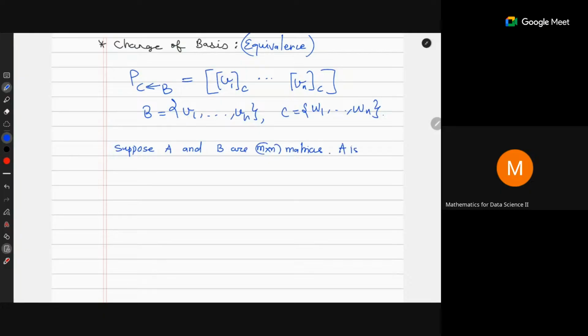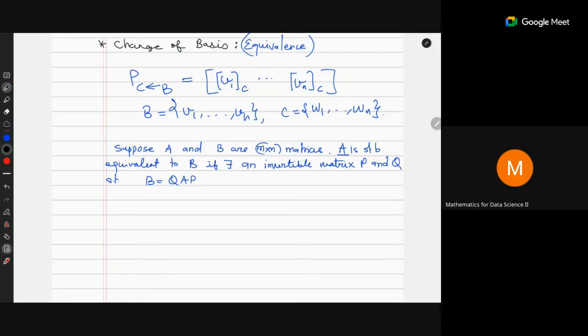Matrix A is said to be equivalent to B if there exist invertible matrices P and Q such that B is equal to QAP.